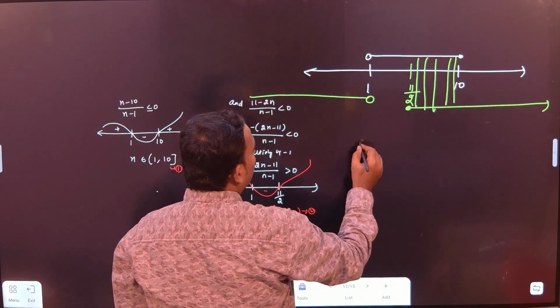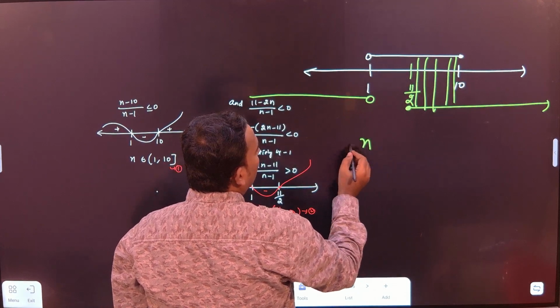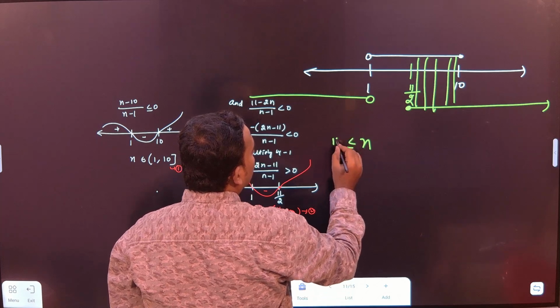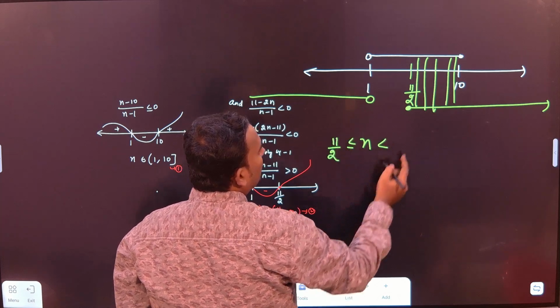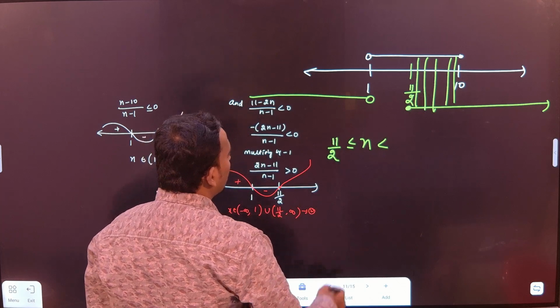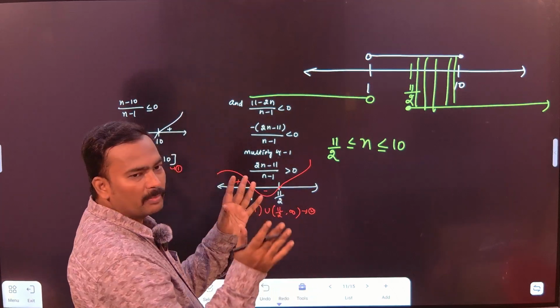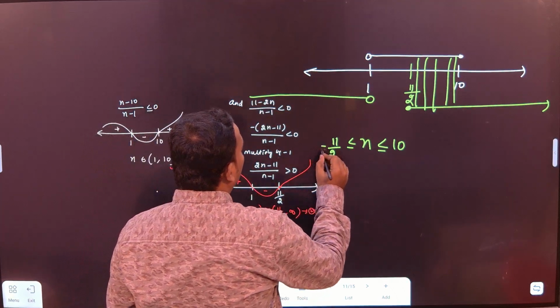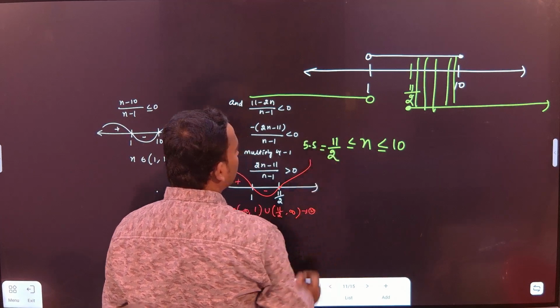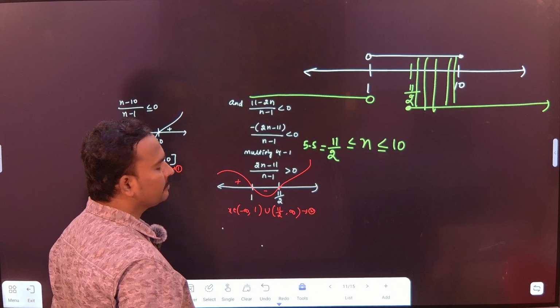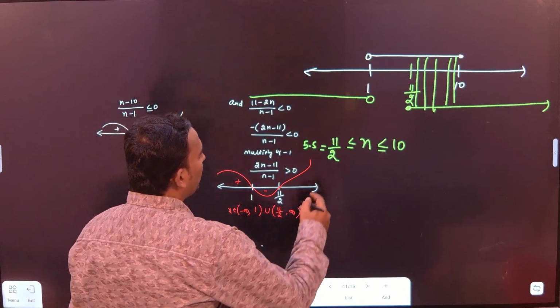So 11 by 2 to 10, and 10 is included. This is your common region. 11 by 2 is 5.5, right? So yes, 5.5 to 10.